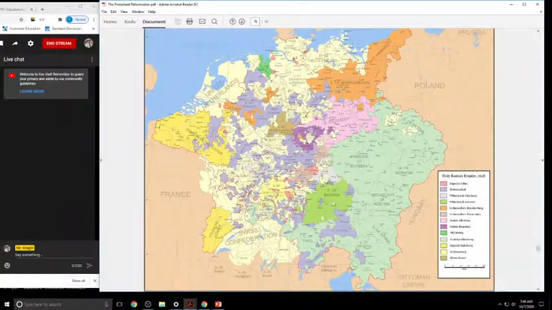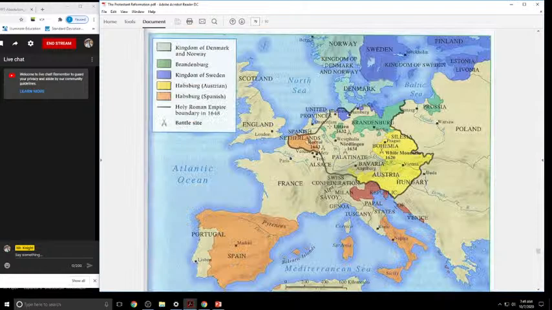And as you can see from this map here, this is the Holy Roman Empire, a map roughly depicting the territories of it in 1618. You can see it's a mess, and even within some of these, they would have been further subdivided between a bunch of different lords. But there's basically 1,000 different autonomous entities within the Holy Roman Empire at this time, which makes up most of Central Europe.